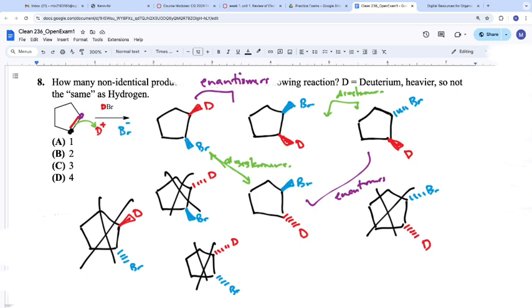Why use the deuterium instead of hydrogen? Well, if we use hydrogen, would that be a chiral spot where our deuterium is? No, so that drastically simplifies the amount of products, and that cuts this all out. And now it's what's the relationship between all those products? They're all the same.